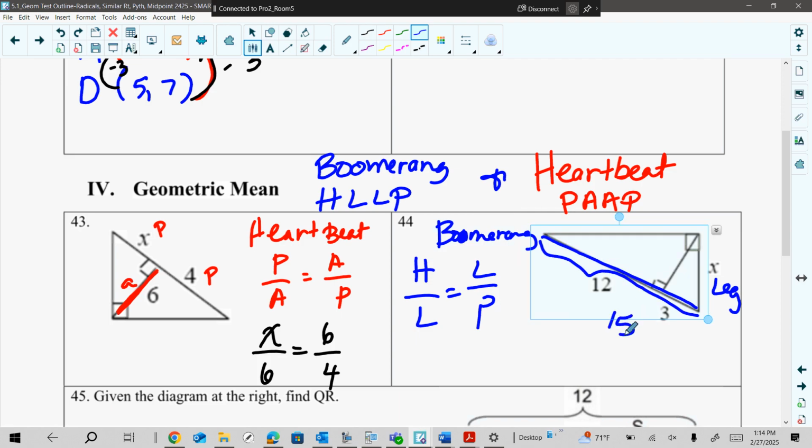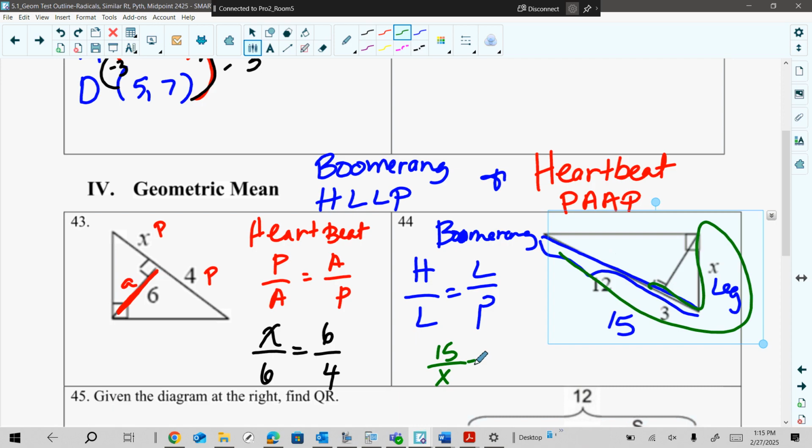That would be 15. So I'm going from that hypotenuse to the leg, back down the leg, and I'm stopping at the adjacent part. So 15 over x equals x over 3. This one's a radical answer, because when I cross multiply, I get x squared equals 45.